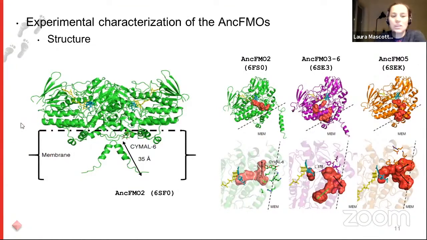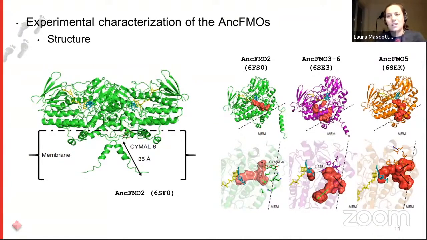And just to show you some peculiarities, because this was the first time that we actually knew the structure of an FMO, membrane bound, of course. We found how these proteins are sitting in the membrane, and the very interesting thing was that they are not only anchored to the membrane by the transmembrane C-terminal domain, but also by several points in their structure.